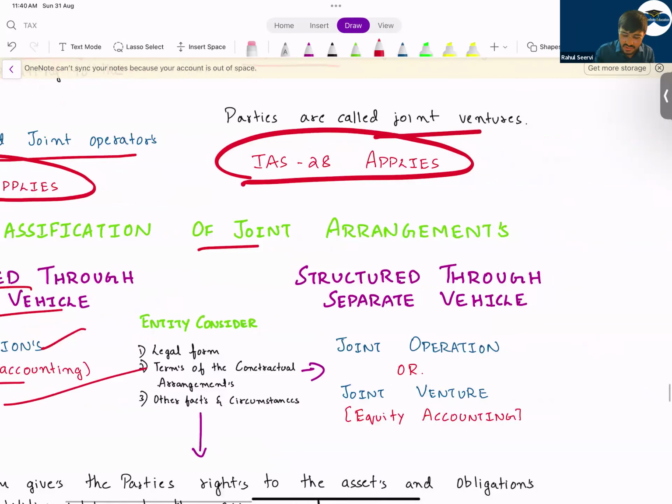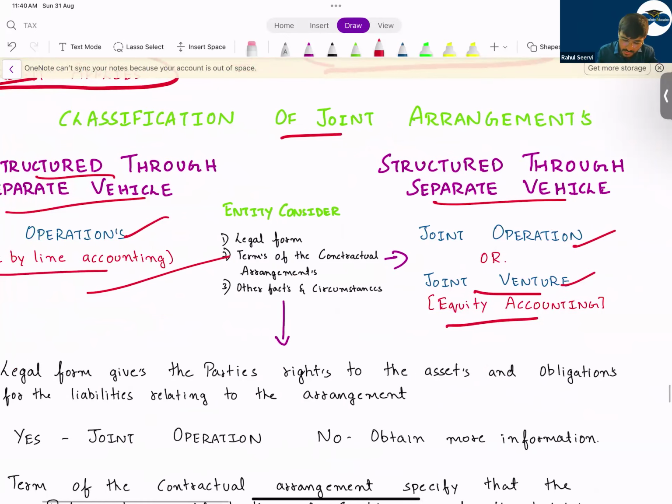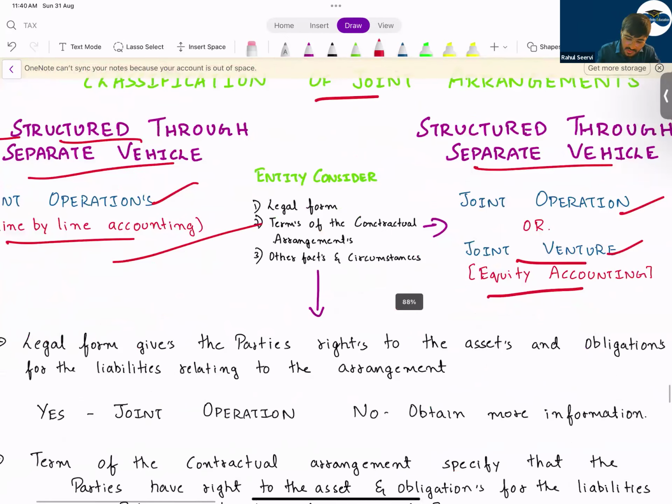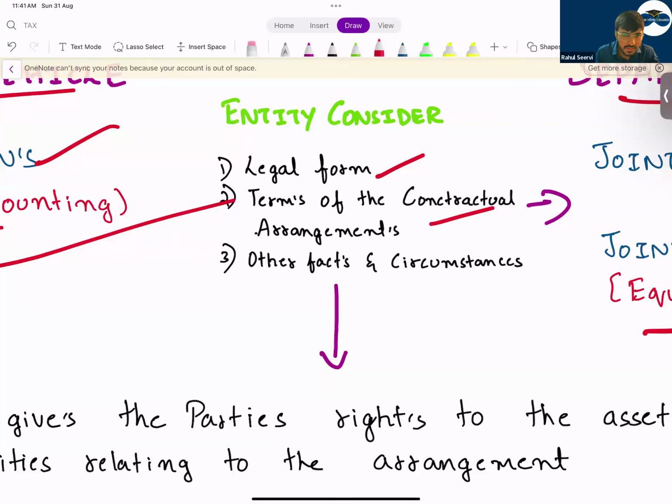But if it is structured through a separate vehicle, it can be a joint operation or joint venture. In your exam, the question will be straightforward and easy. It will not be complicated. For joint venture, we follow equity accounting. So see, how should you identify? The entity should consider three important things: the legal form, the terms of the contractual arrangement, and other facts and circumstances of the case.